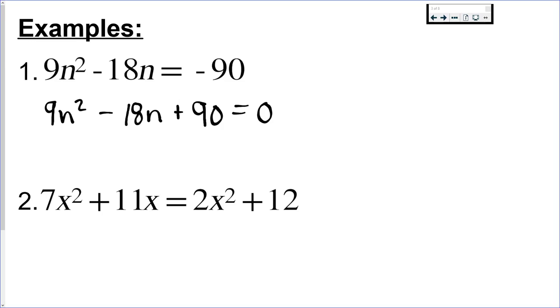So the next thing that we would try to do is factor. We do have a GCF, so we can consider that. Everything is divisible by 9, so we could end up dividing everything by 9. So then we'd get n squared minus 2n plus 10 to work with.